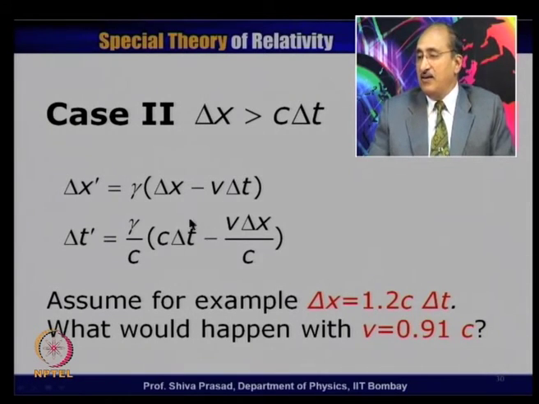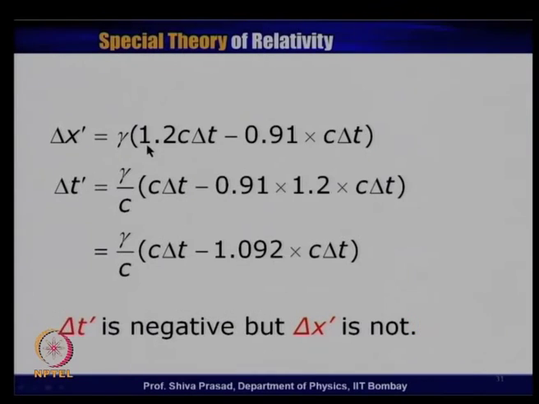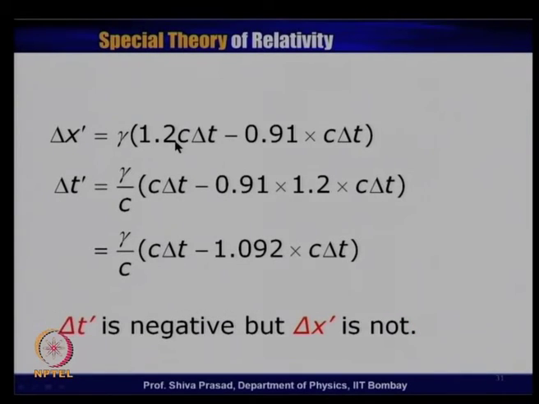Similarly, here for delta x I choose 1.2 c delta t, and for v I choose 0.91 c. I put it in this equation. Here, if you take c delta t common out of the bracket, you will find that here you have 1.2 and here you have 0.91.